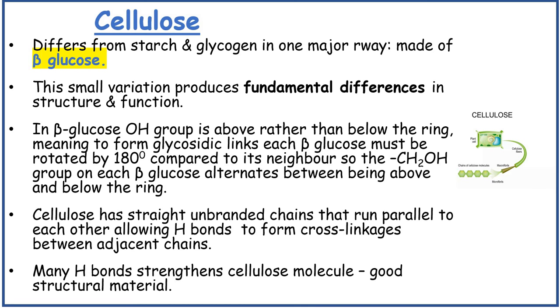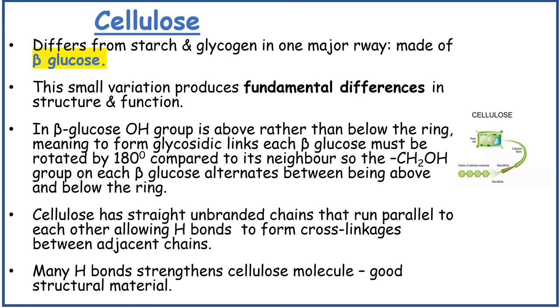Cellulose differs from starch and glycogen in one major way. It's made of beta-glucose. This small variation produces fundamental differences in structure and function. In beta-glucose, the hydroxyl group is above rather than below the ring, meaning to form glycosidic links, each beta-glucose must be rotated by 180 degrees compared to its neighbour.